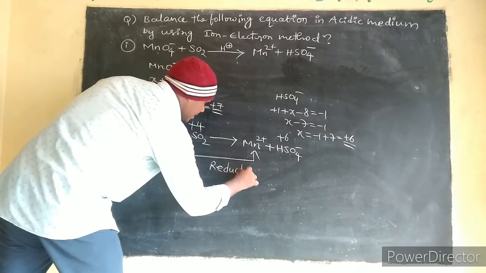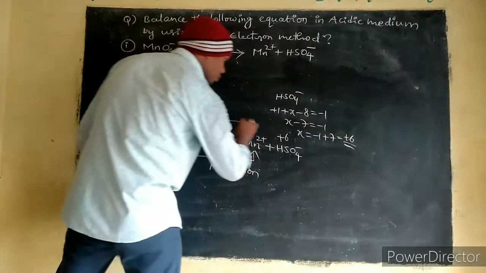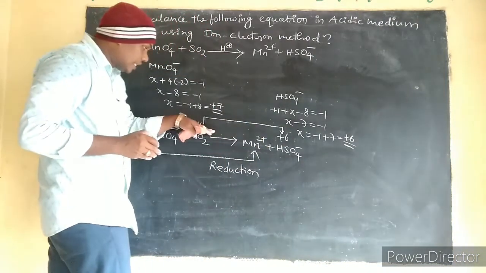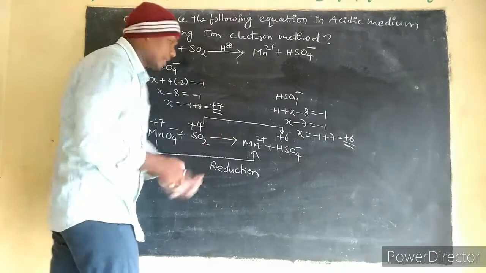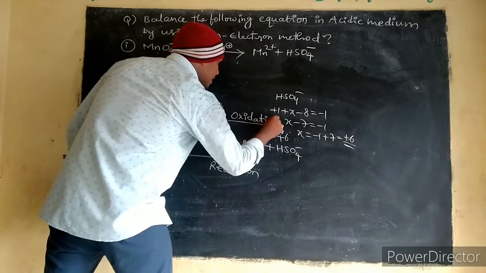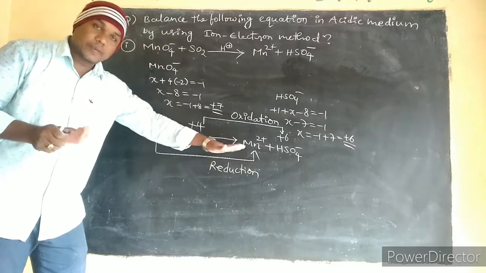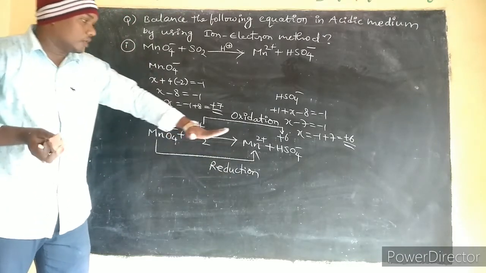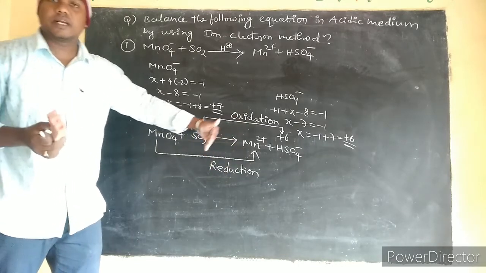Why? Because of gain of electrons. And here plus 4 to plus 6 means oxidation number increased, and oxidation number increased means loss of electrons. So this is oxidation. Now both oxidation and reduction take place simultaneously in a single chemical equation, so this type of chemical equation is also called a redox reaction.